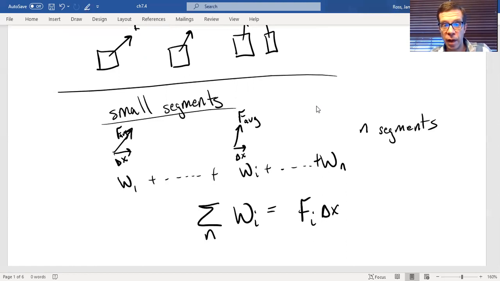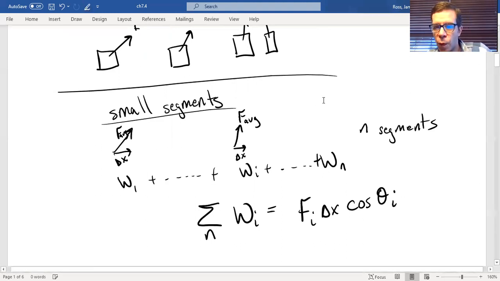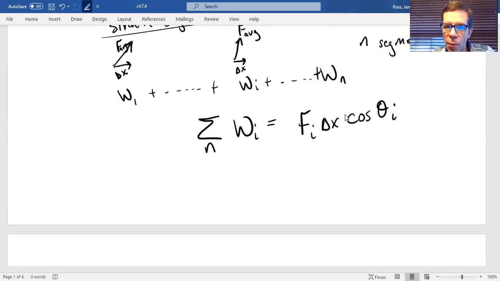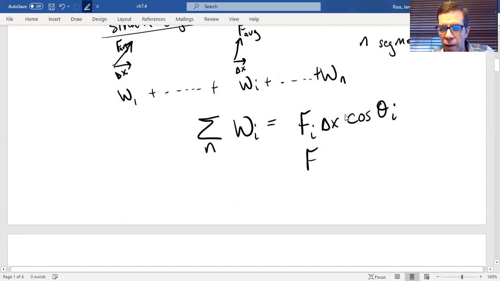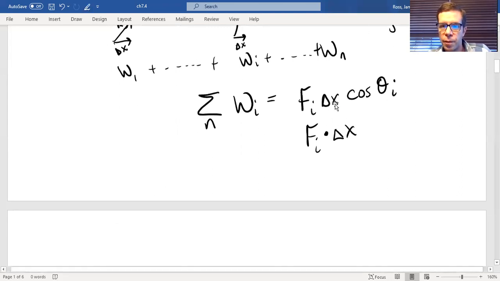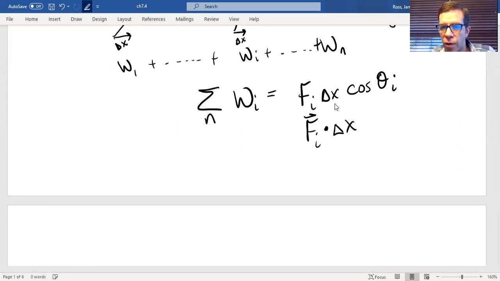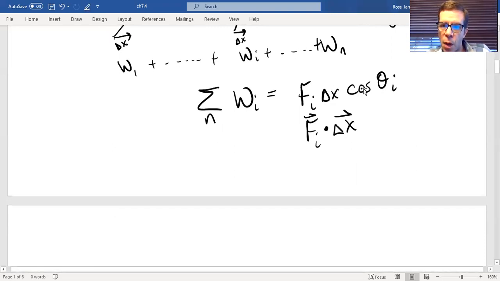And here I'm assuming all the segments are the same length. And times cosine theta on that segment, right? And we talked about this. This is that F dot x. Let's use the vector notation here since we're writing it in a dot notation.